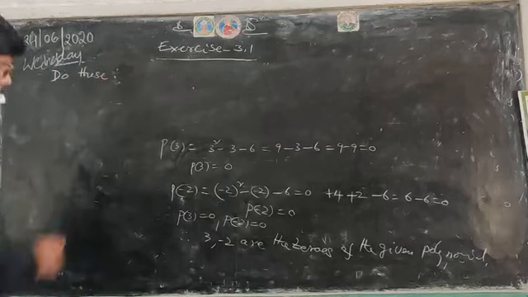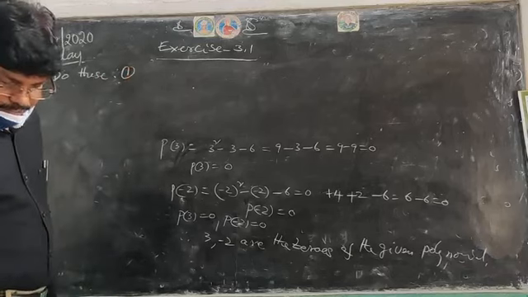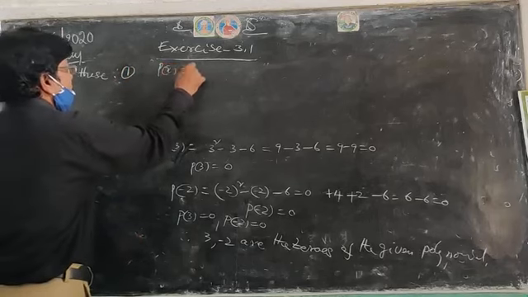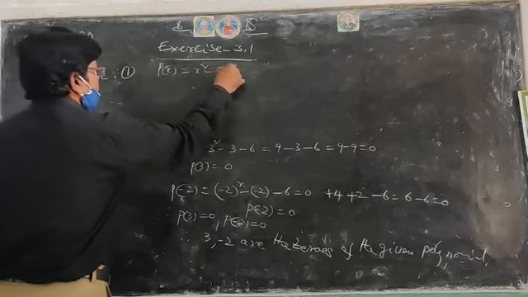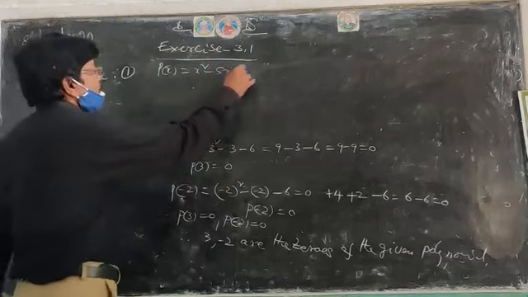The first one is P of x equal to x square minus 5x minus 6.